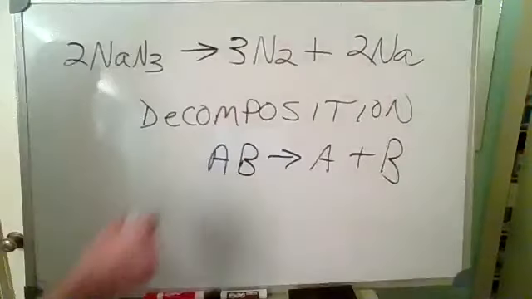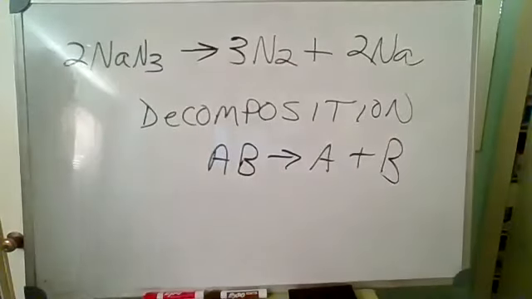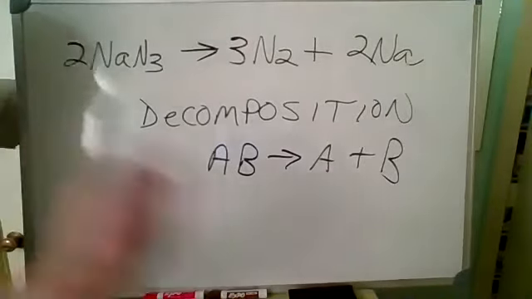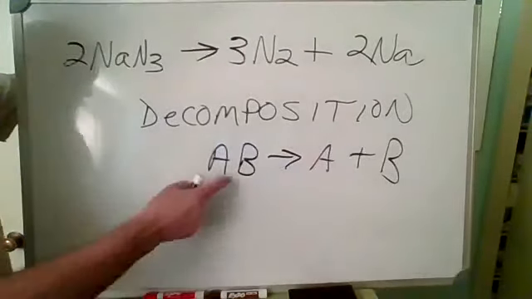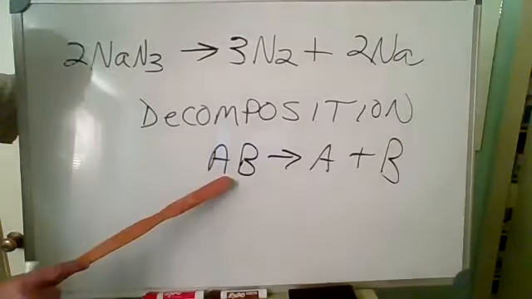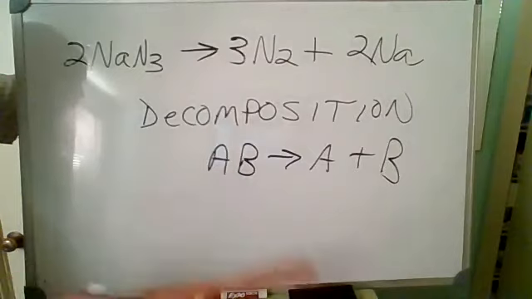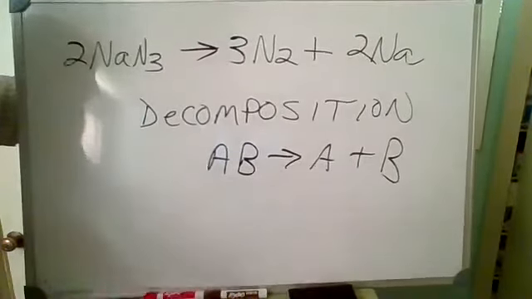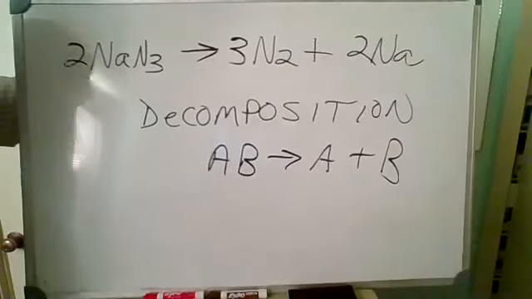1 reactant. Just like a synthesis reaction was extremely easy to spot with one product, a decomposition reaction is extremely easy to spot with one reactant. And again, just from the name of these types of reactions, you should be able to figure out what it is.